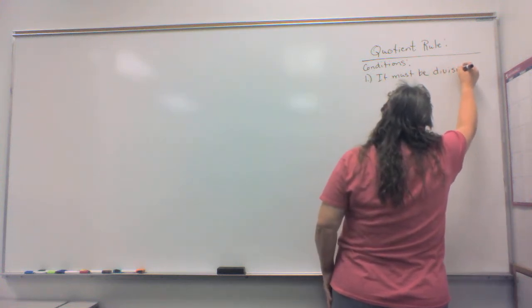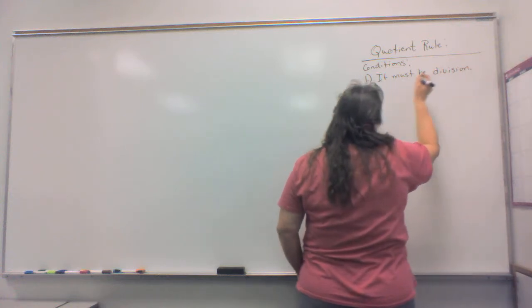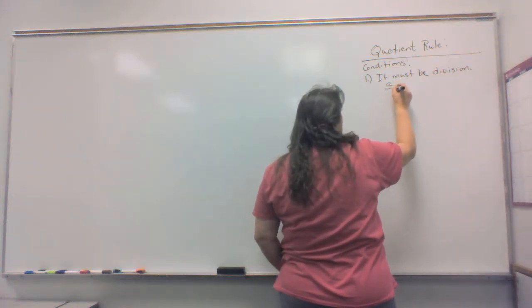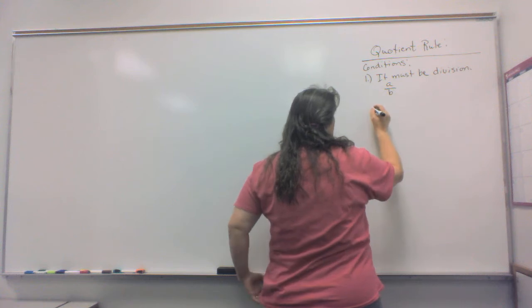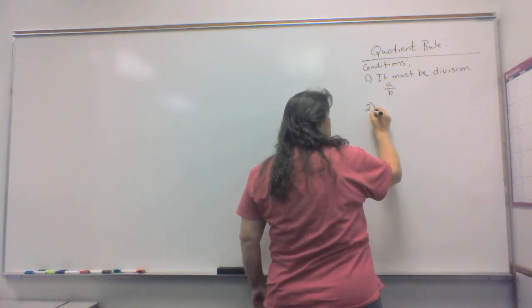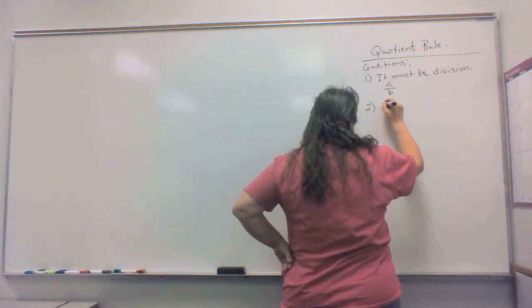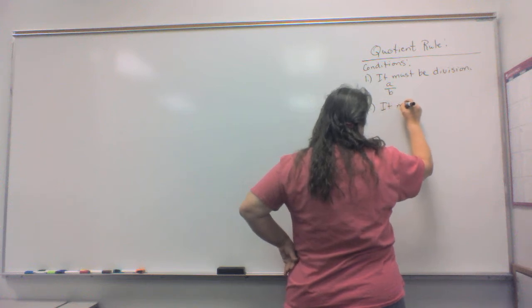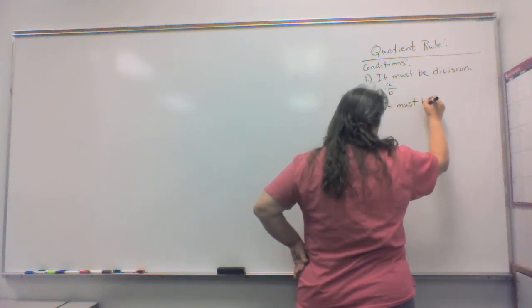And I actually prefer to write my division in the form of A over B, in other words, a fractional form. The second condition is it must have the same base.